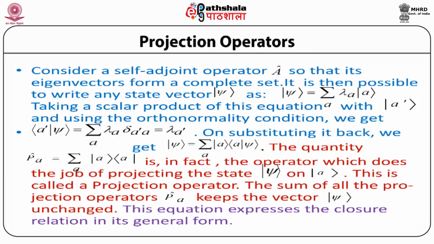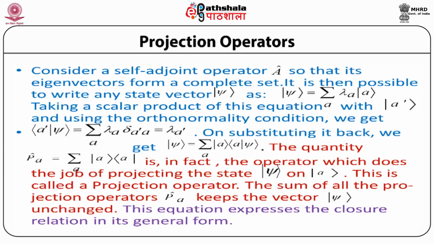On substituting it back, we get |ψ⟩ = Σ_A |A⟩⟨A|ψ⟩.